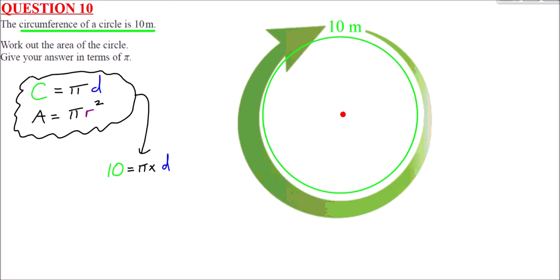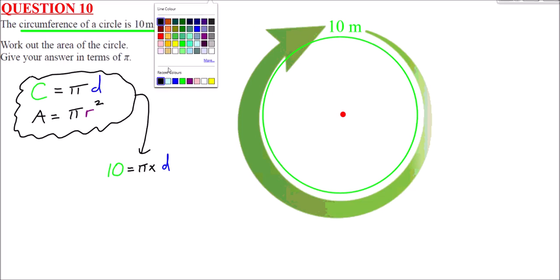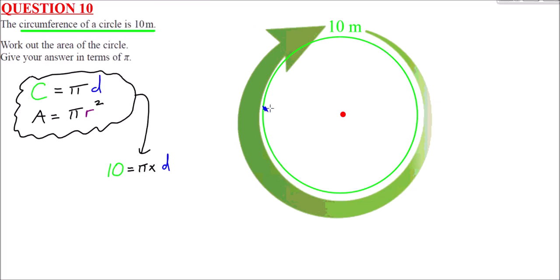So if I just label on the diameter here, then I can put in what it is in a second. If I divide both sides of this by pi, that will leave the diameter all on its own, which is what I'd like to do. So the diameter of the circle is just going to be 10 divided by pi.